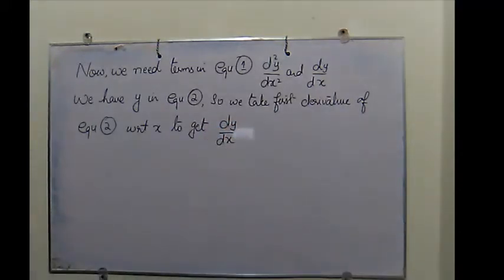Now we need the terms in equation 1, that is d square y upon dx square and dy upon dx, and we will take the help of equation number 2, which has y. If we take the derivative of equation 2 with respect to x, then we can get dy upon dx.